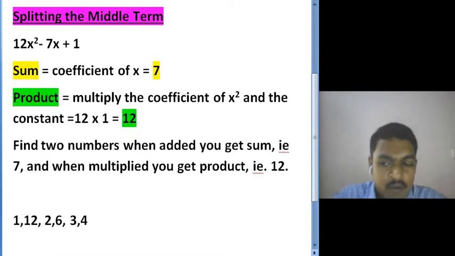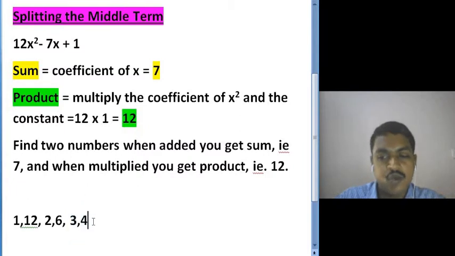Now from all these factors, let us see which pair fits the requirement. All these pairs when multiplied give 12, but which of them will give 7 when added? They are 3 and 4.